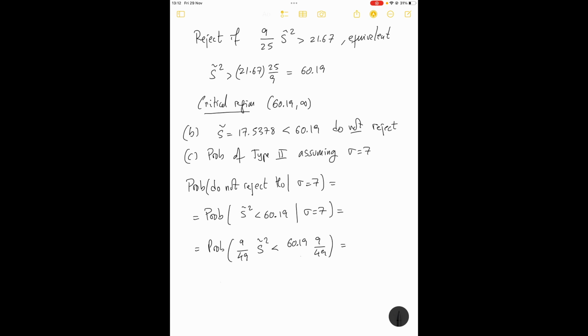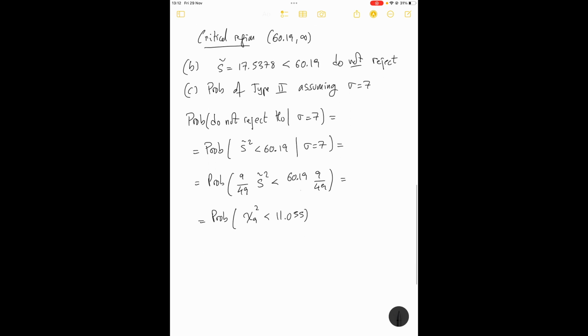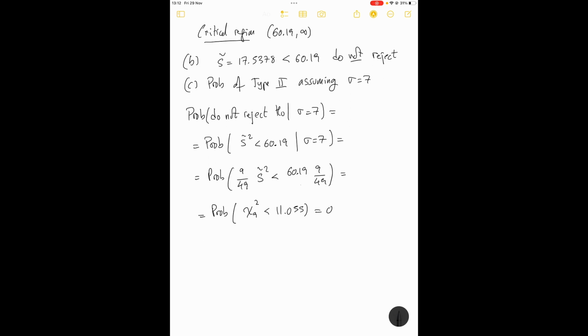The left hand side is chi squared, because of the formula. So this is chi squared with 9 degrees of freedom less than, if you compute the right hand side, 11.055. I went to a computer to do it, and this is 0.728. So beta, the probability of making a type 2 error, in percentages, is 72.8%.